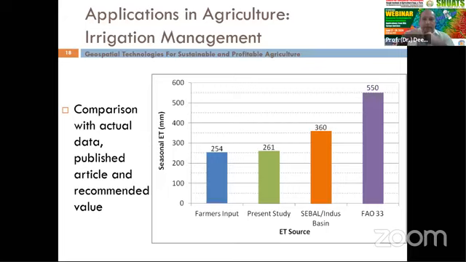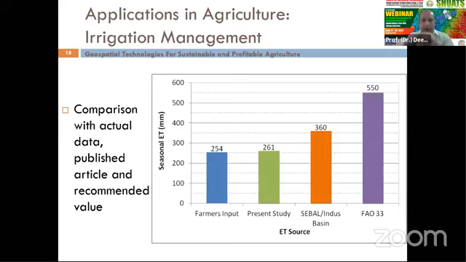In the present study, what we estimated or predicted was 261. So it is within 5% of what we have estimated. And then if we compare it with other sources, there was a similar study done in the Indus Basin. The same model was used, and they predicted 360 millimeters for wheat for the entire season.